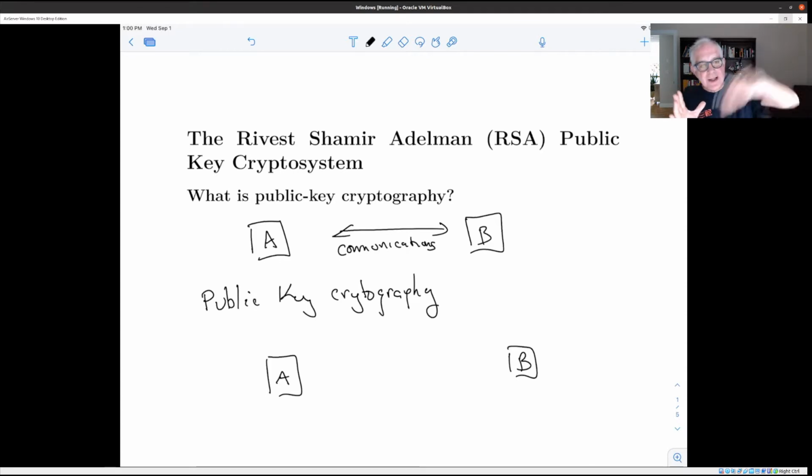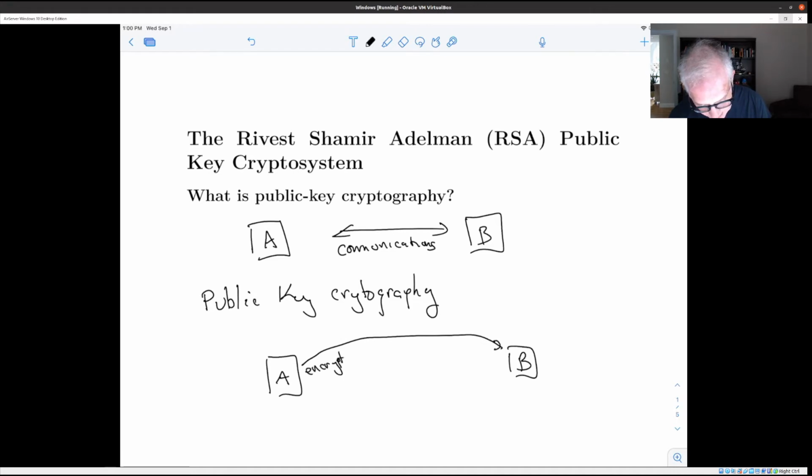But once I lock that box, only B knows how to open it. In other words, A has a method for converting something. I can encrypt a message using publicly available information, but once I do that, only B can read it.